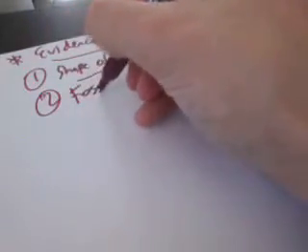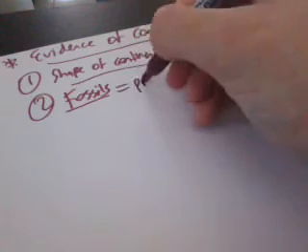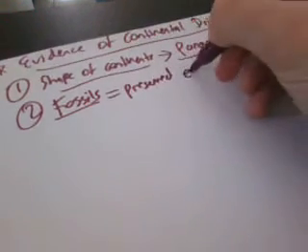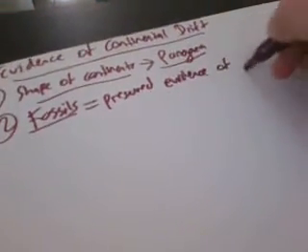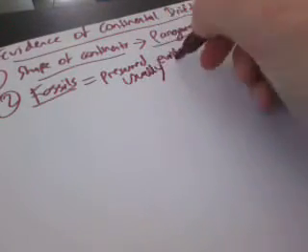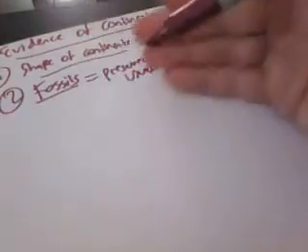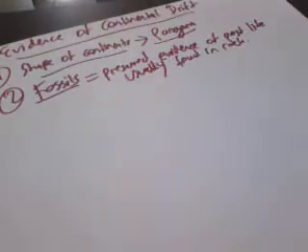Number two, fossils. I talked about fossils. Fossils are, by definition, preserved evidence of past life, like dinosaurs, usually found in rock. Fossils of the same type were actually found in two different continents, as I mentioned, but they seem to have started on a single continent.